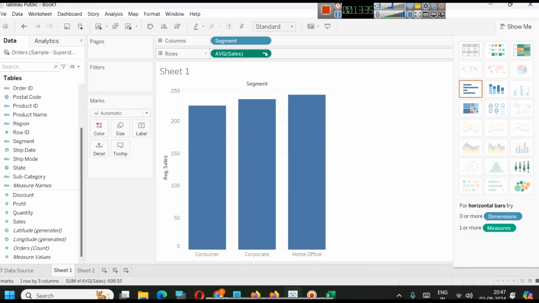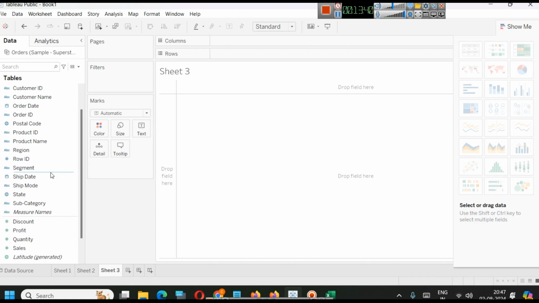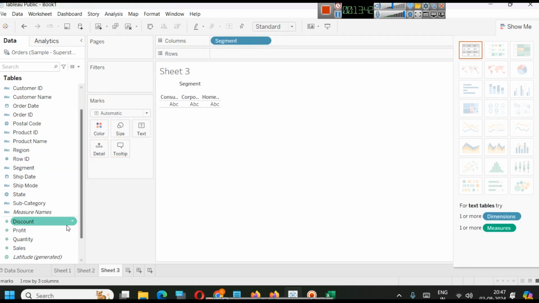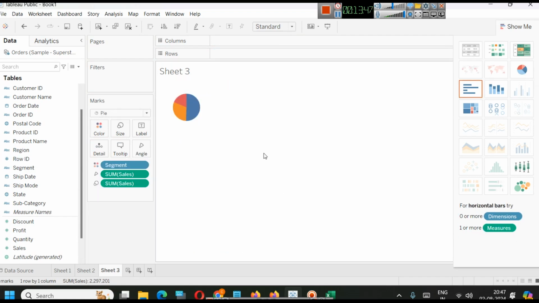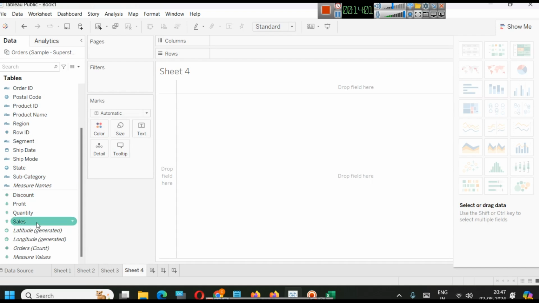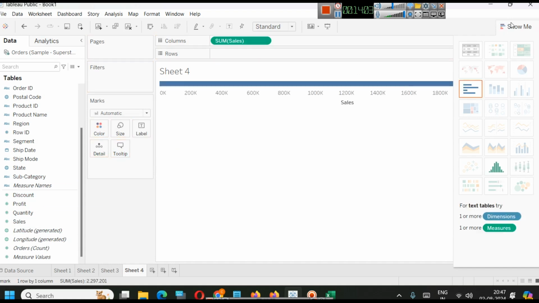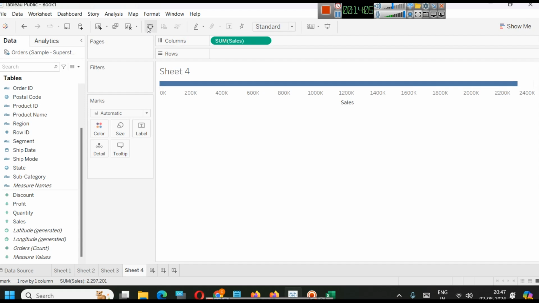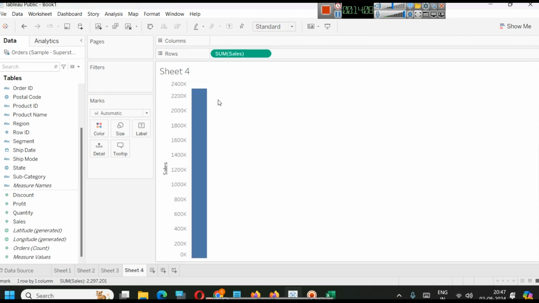For example, for the same combination, if we take segment and sales, we can also create a pie chart. For pie chart also there is this similar condition. But in case of bar, technically, if we only take one measure, for example sales, then also one bar graph will be there, right?